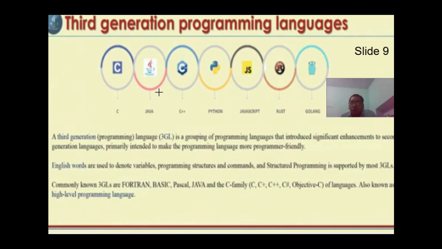Recently there is another high level programming language called the fourth generation programming language, popularly called 4GL, and this does not require so much programming effort from the programmer, who only tells what to do. So if the third generation language is about how to do, then the fourth generation language is about what to do.